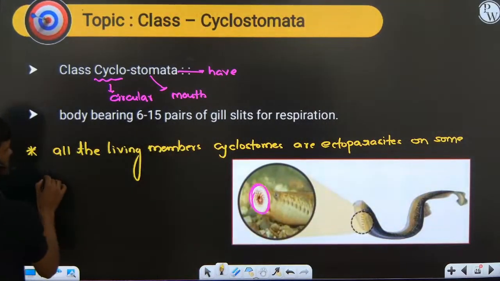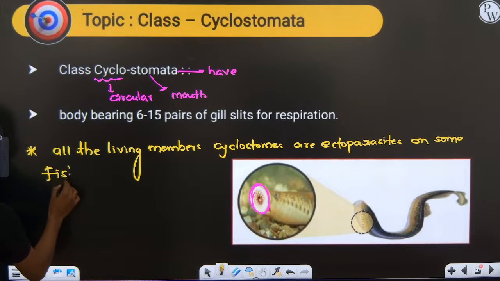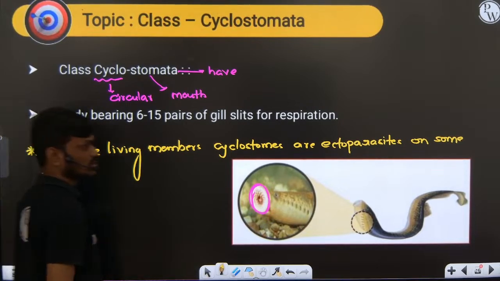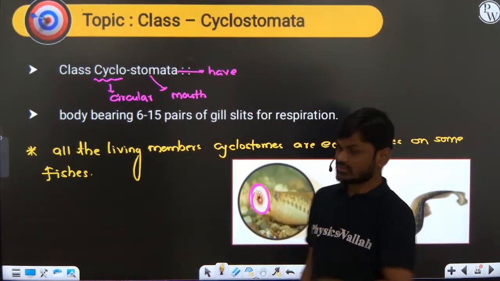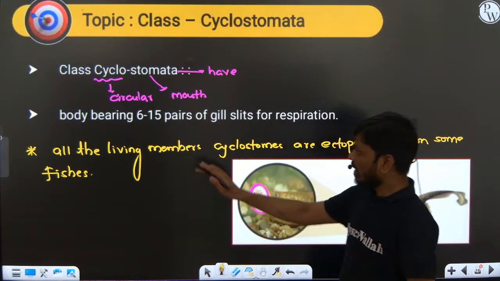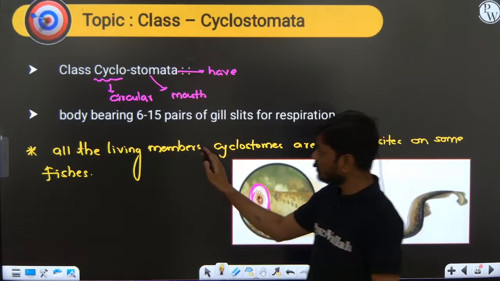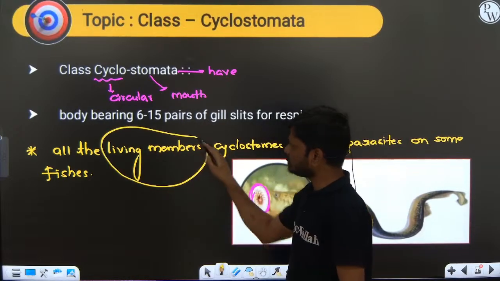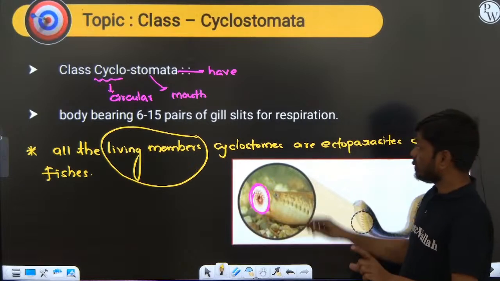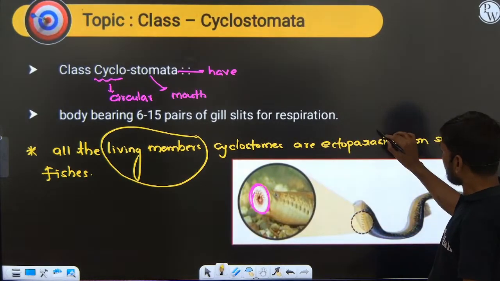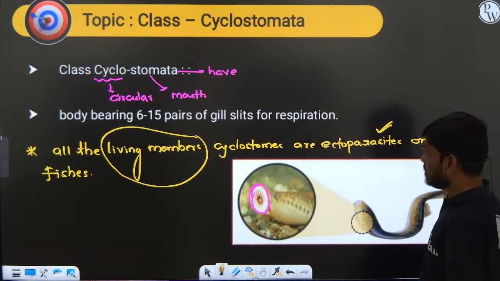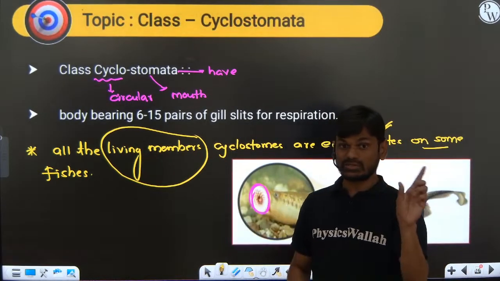Some fishes, very important point. We will get a question from this statement. You should remember all the living members. All the living members of cyclostomata, or cyclostomes, are ectoparasites on some fishes, not all the fishes.